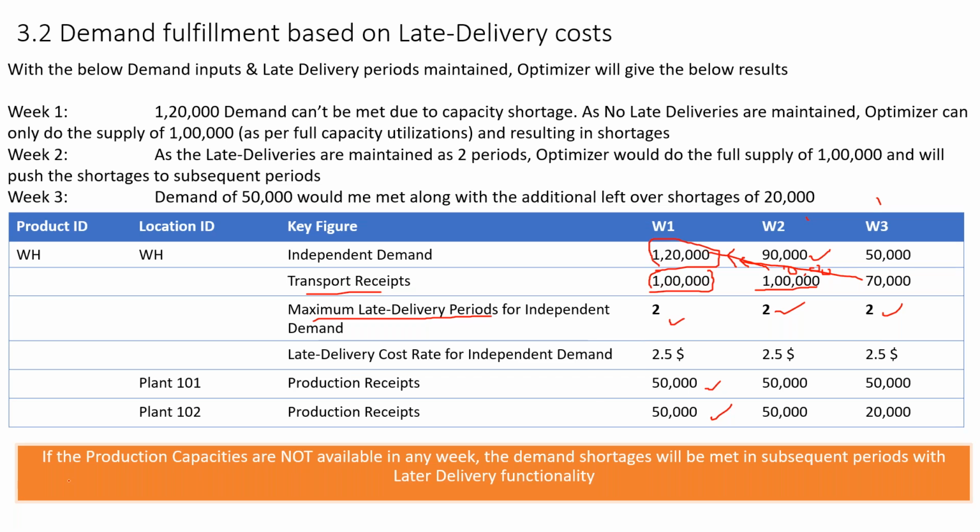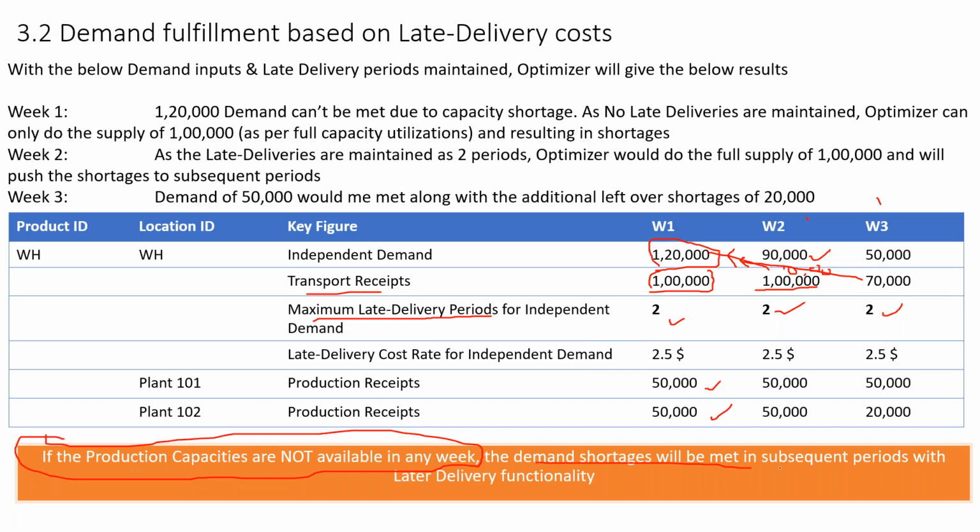See this key takeaway: if the production capacities are not available in a week, or maybe you introduce something called adjusted production receipts. So you adjusted the production receipt as 1,000, demand is 2,000. You cannot meet that in the current week. You can only do it in a subsequent period, right? So that could also be another constraint.